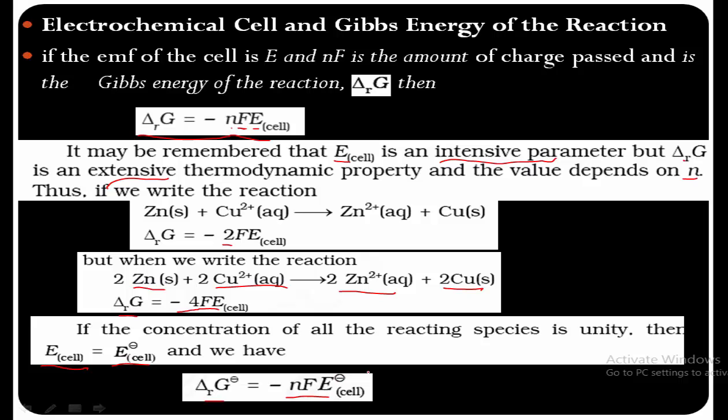So here E0 cell is standard electrode potential and delta Gr is standard Gibbs energy of the reaction. It is when the reacting species have the concentration 1 or unity. So remember this equation, very important. Based on this you will also get problems. So this is about electrochemical cell and Gibbs free energy of the reaction.